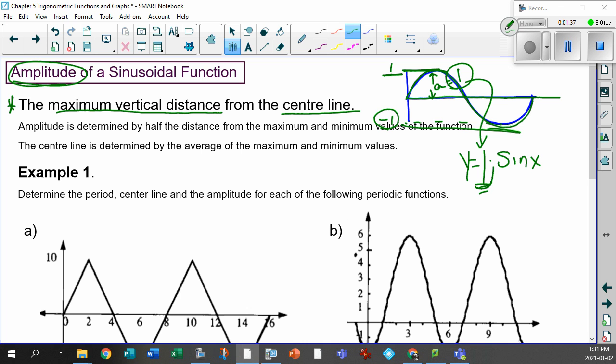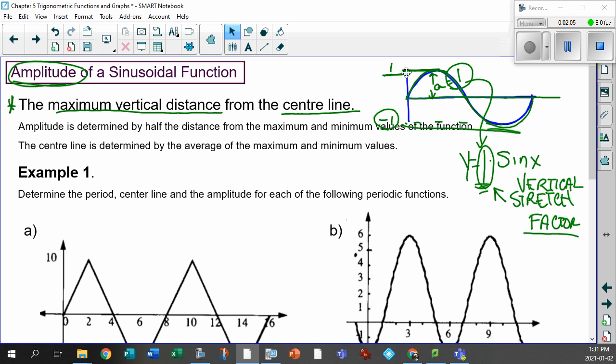And that's where we're going to put our amplitude for every one of these sinusoidal functions that we're going to make bigger or smaller, which of course we refer to as our stretch vertically. So there's our vertical stretch factor, and that is determined by the amplitude. Now you see why the amplitude is so important.